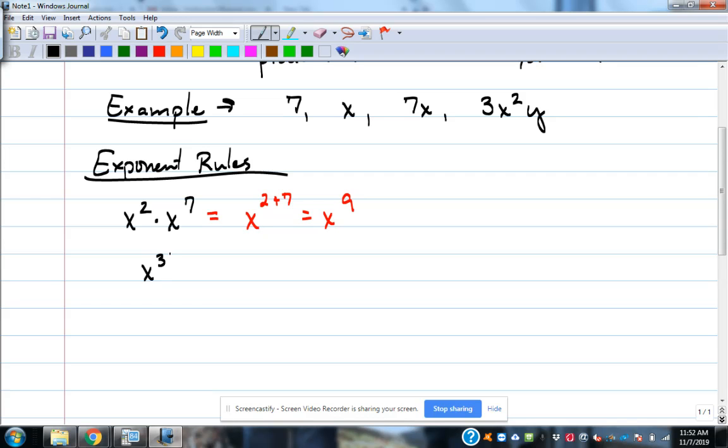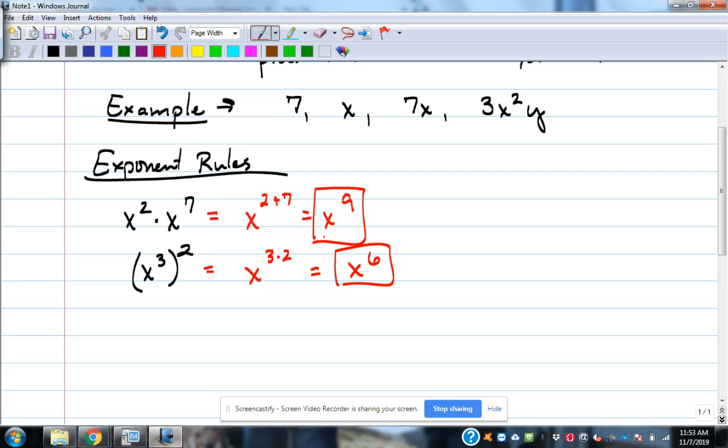What if there's a number or an exponential or a power inside of a parenthesis with an exponent on the outside of that? You multiply the exponents. So it'd be 3 times 2, which gets us x to the 6th power. Okay.